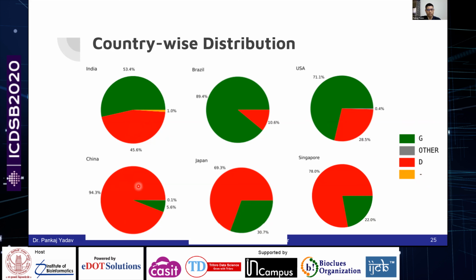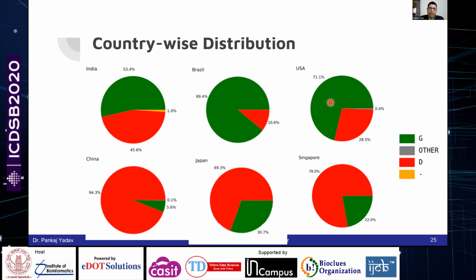Then as time progressed, the D got mutated to G type, and nowadays in India more than 50% of the viral are of G type, and also the case in Brazil and USA.